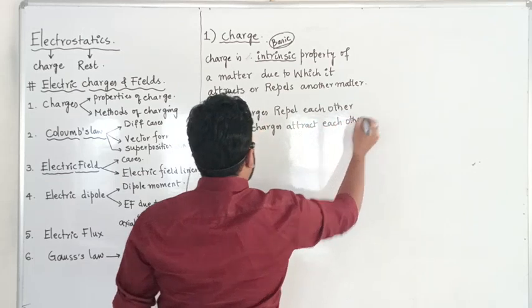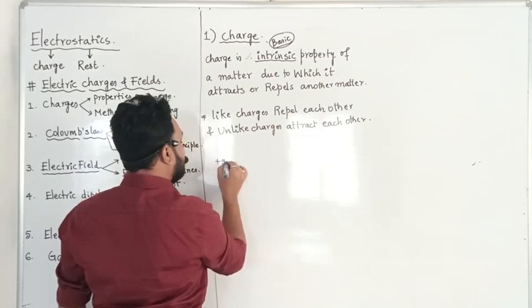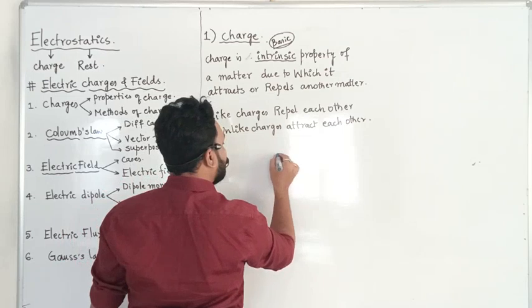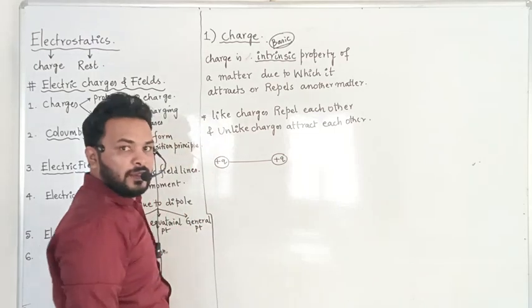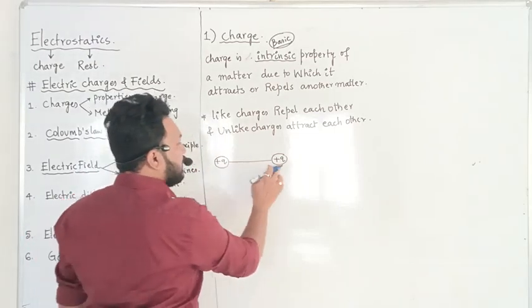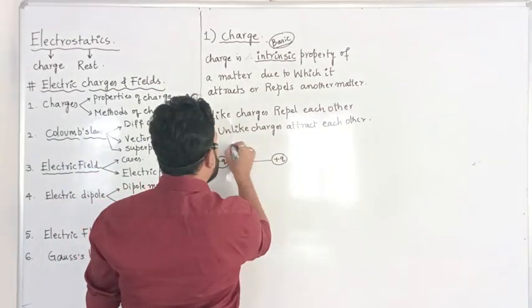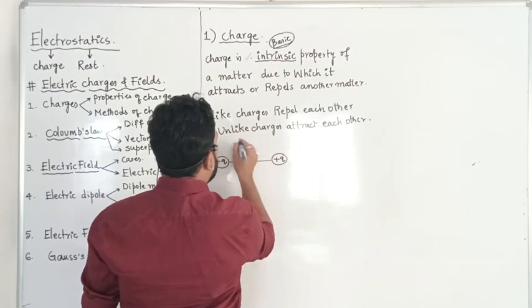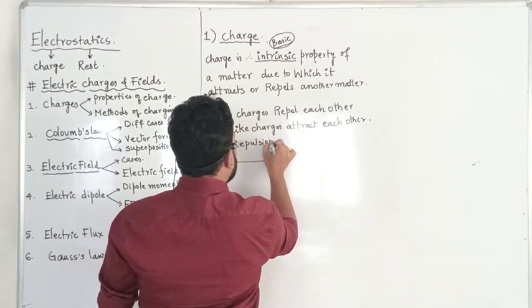Suppose there is a plus q charge and another plus q charge, separated by some distance. These two charges are like charges. Hence, there is an electrostatic force of repulsion.